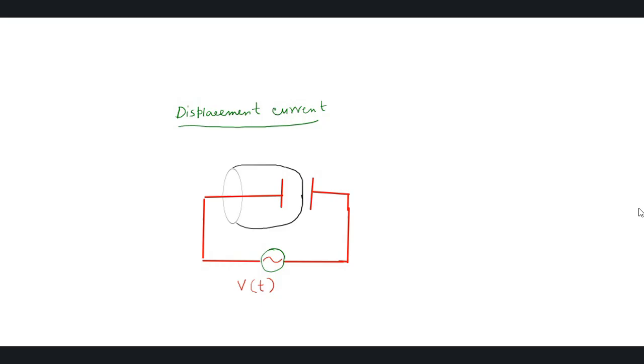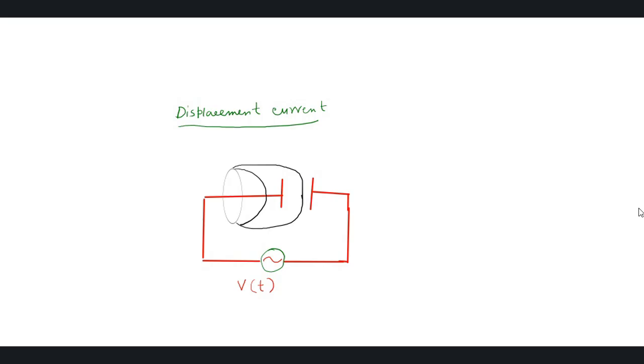And the same contour is also bounding a surface which is like this, which is enclosing the wire of this circuit, this part of the wire.